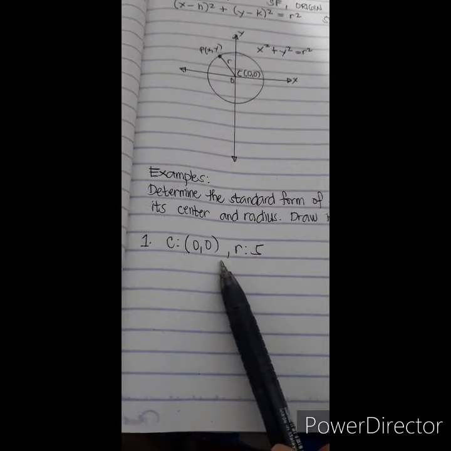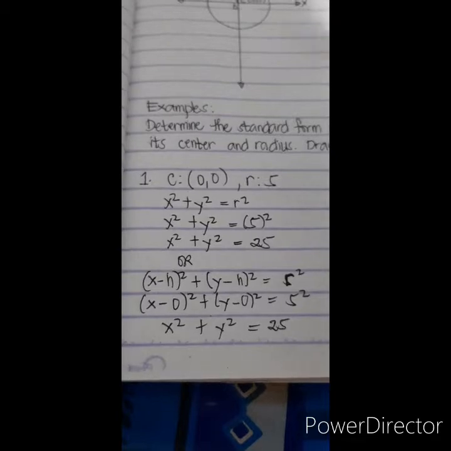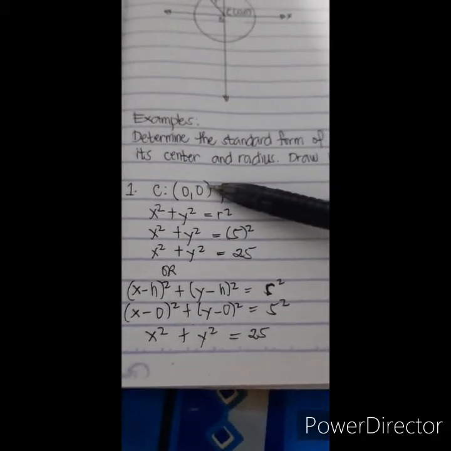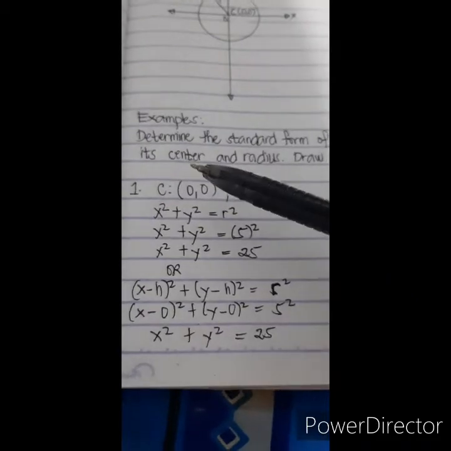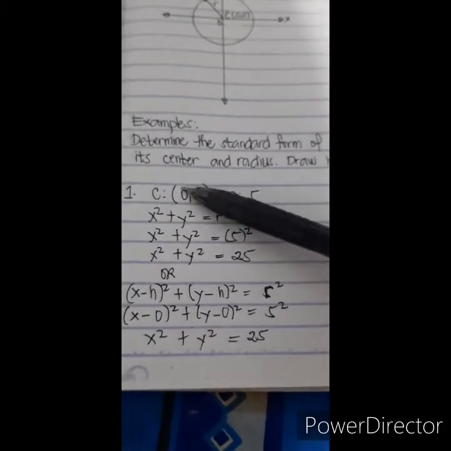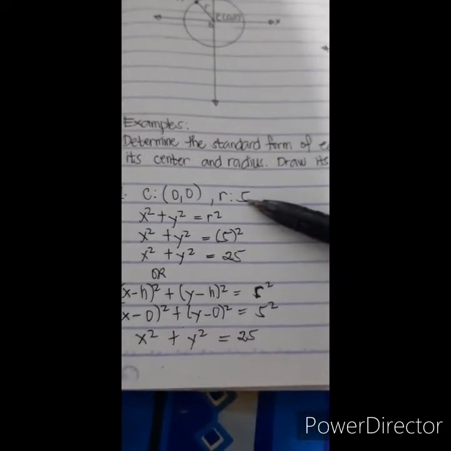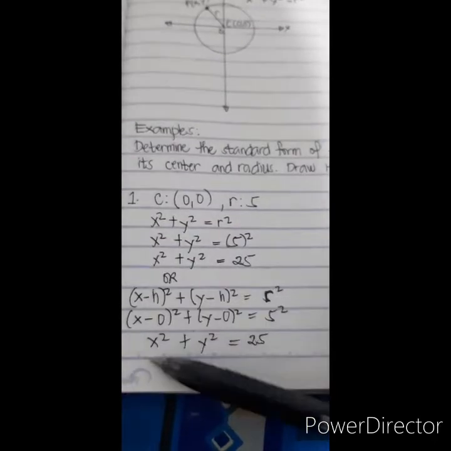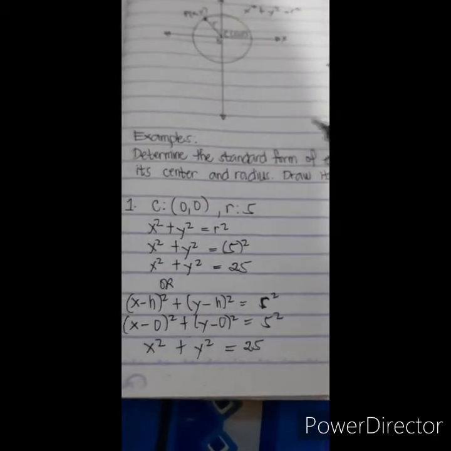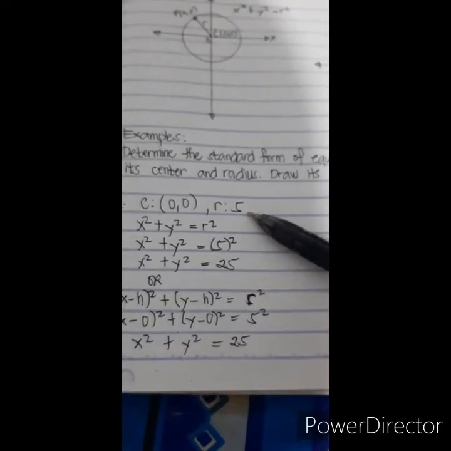at the origin. Okay, so now we have the solution of the given that has the center of 0, 0 and radius that is equal to 5 units. I showed you here two ways of solving the equation of the circle, wherein the center is equal to 0, 0 and the radius is equal to 5.